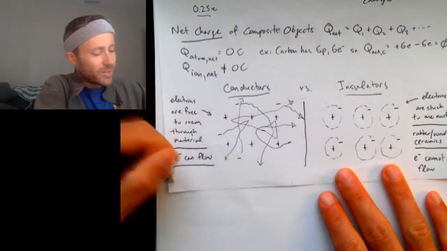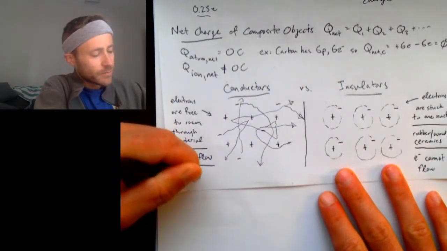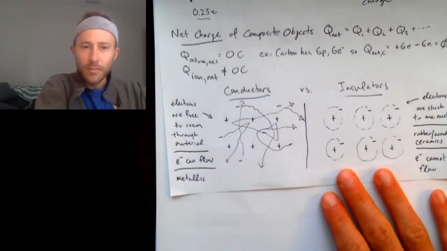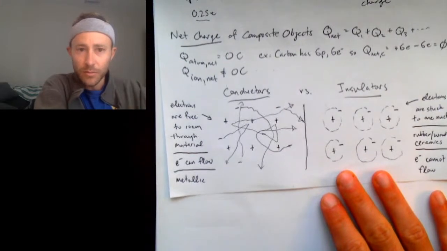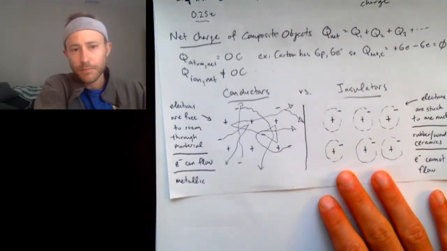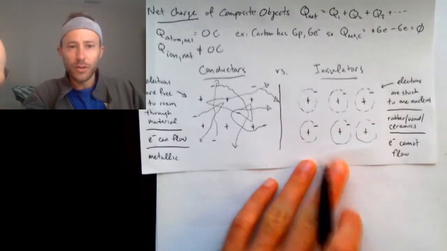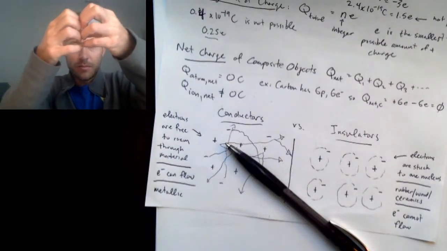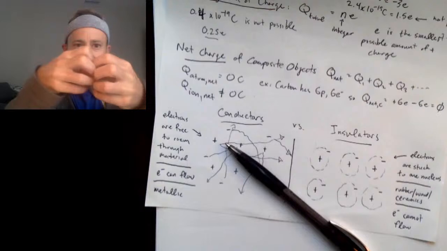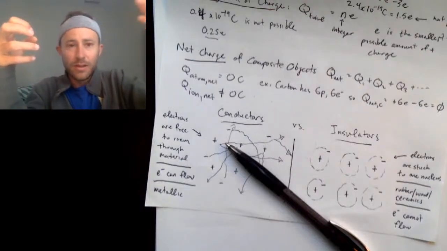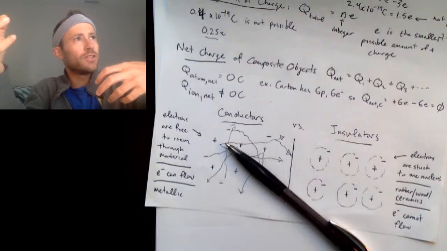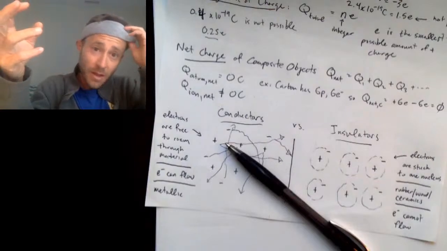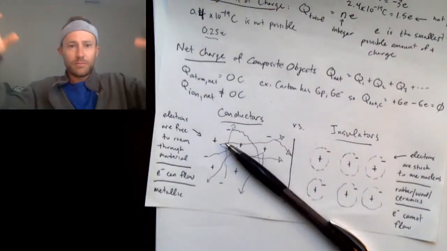Conductors tend to be metallic. Also, liquids, if liquids have an ionic solid dissolved in them, so for example, water, if you put table salt, which is sodium chloride, into it, the sodium and the chlorine will dissociate, so you have an Na plus and a Cl minus, I think, floating around in the solution.